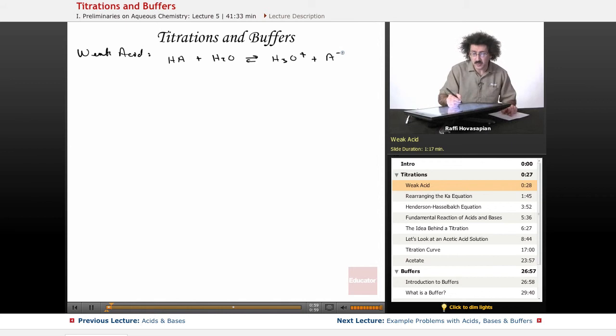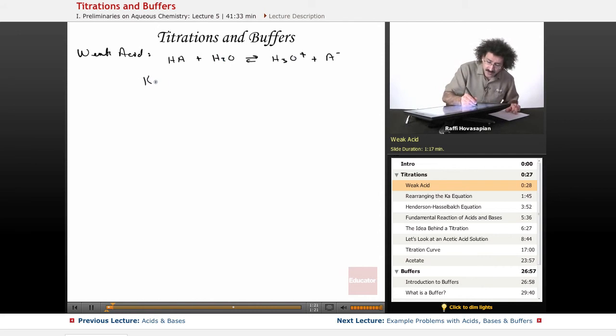So what you're going to have in solution is A minus, H3O plus, which is the same as H plus, water, of course, and HA. Now it's a weak acid, so most of it actually doesn't dissociate. Most of the equilibrium is here, which is why the Ka's for these things are really, really small. They mean that it doesn't go very far forward, it's mostly this way.